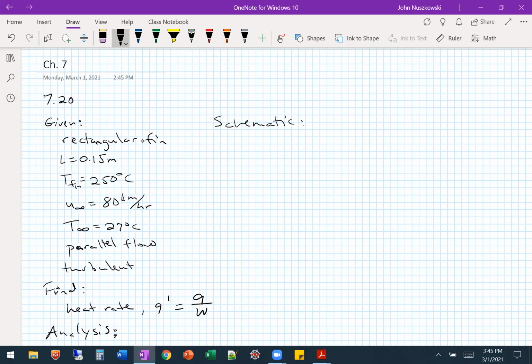All right, so our schematic. We have our fin.